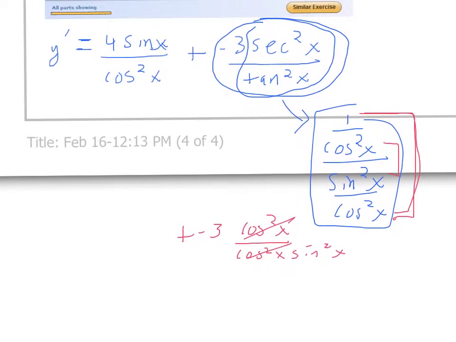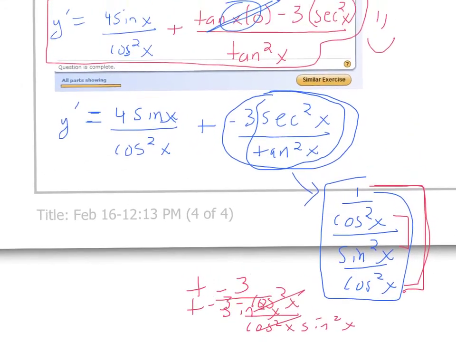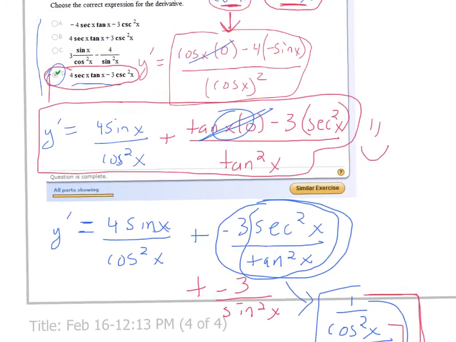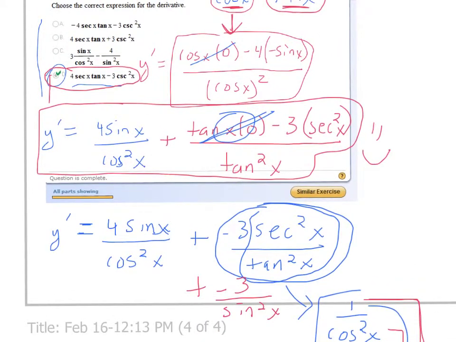So after all that sweat equity, you arrive at -3 over sine squared x. Now bear in mind, 1 over sine is, excuse me, cosecant. So, I'm scooting back to the final answer here. Notice the final answer has -3 cosecant squared x in it. So let's just keep cleaning on that though.